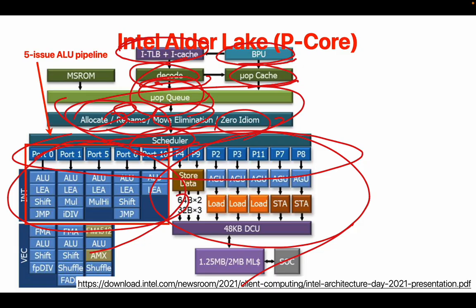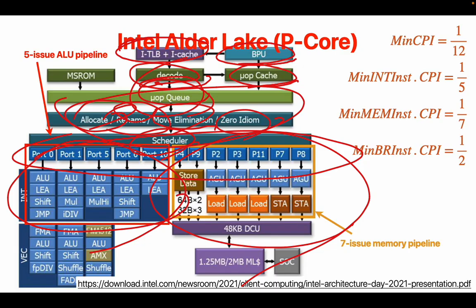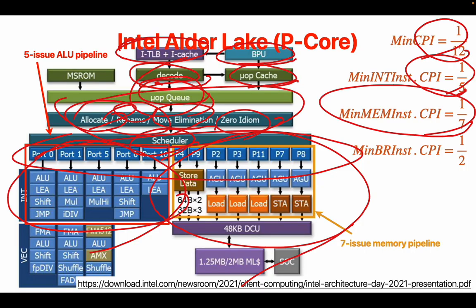So in theory, in this pipeline, you are able to achieve a CPI of 1 divided by 12. If you only have arithmetic operations, that's 1 divided by 5. If it's memory instructions, 1 divided by 7. If it's branches, 1 divided by 2. Because at the same time, you can issue this many instructions.